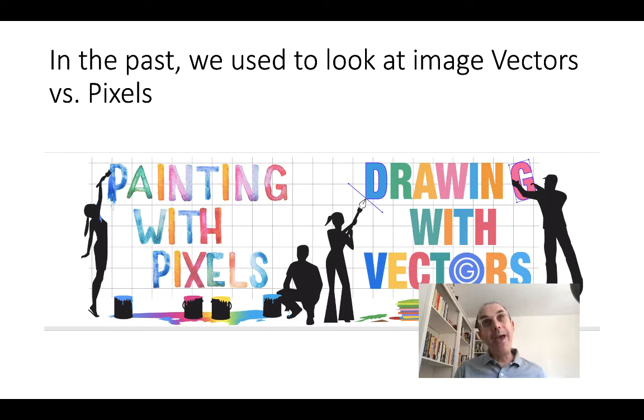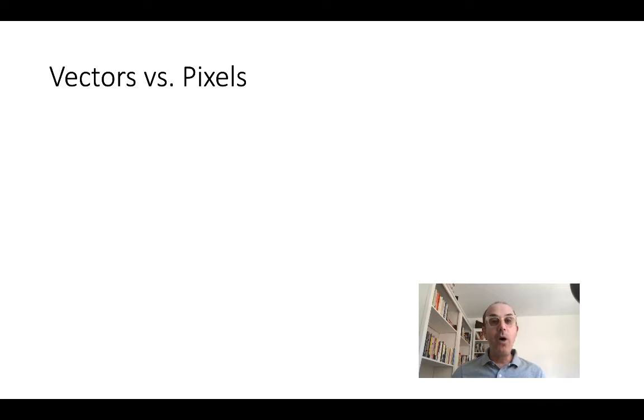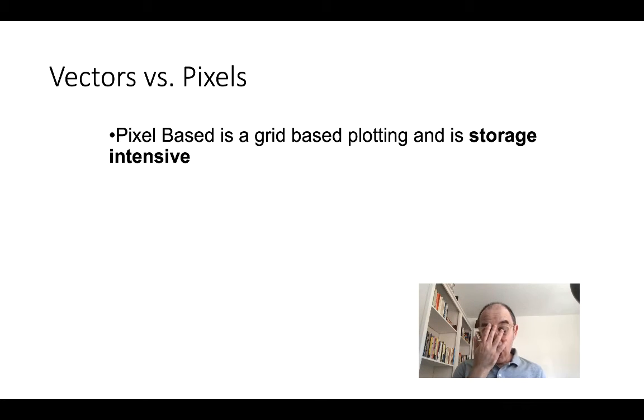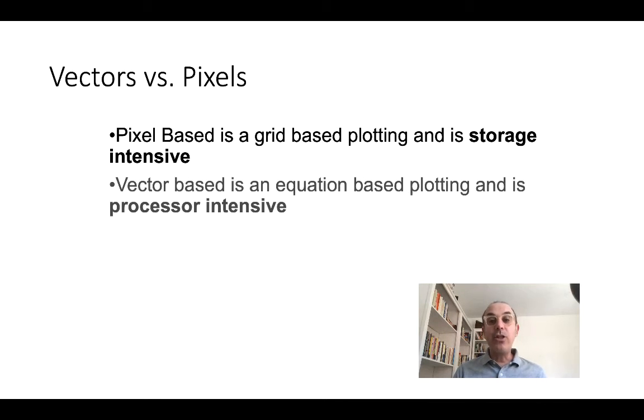And I'll try to make sense to you with that example, because this is how the foundation of the idea became. Pixel is based on a grid, plotting, and it's storage intensive. Vector is a little bit looser.